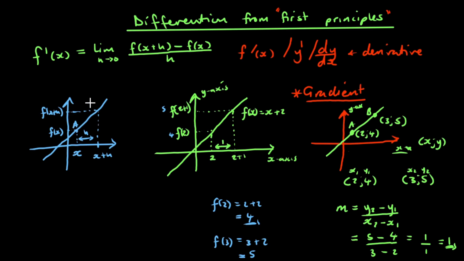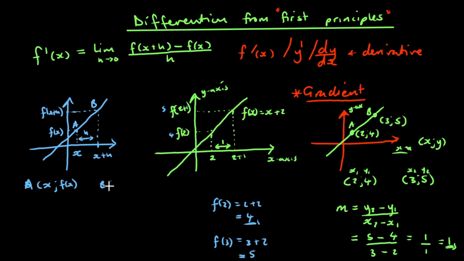Assuming that this is A and this is B, if I want to write these as coordinates, just like how we wrote 2, 4 and 3, 5 for B, we can still write our coordinates, starting with our A. This will be x and f of x.